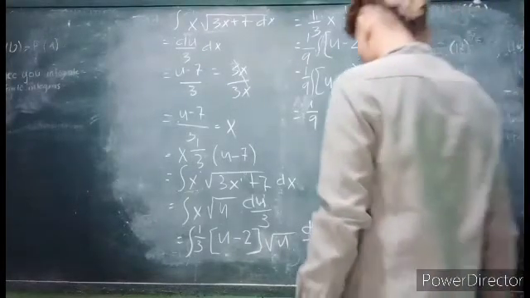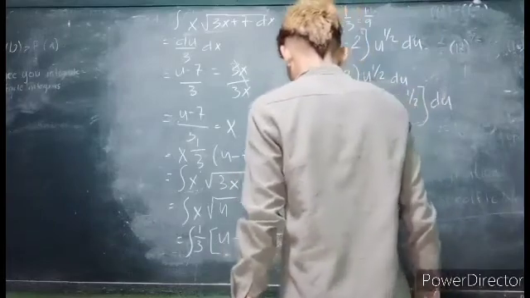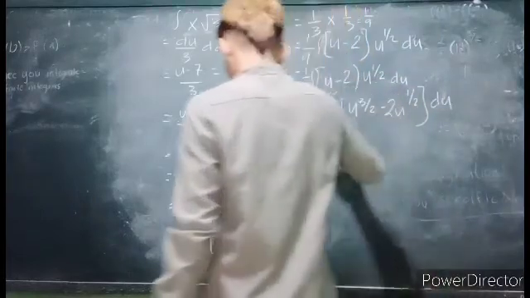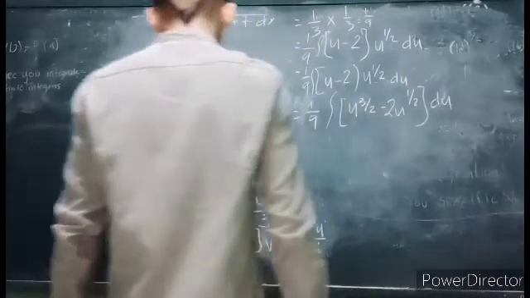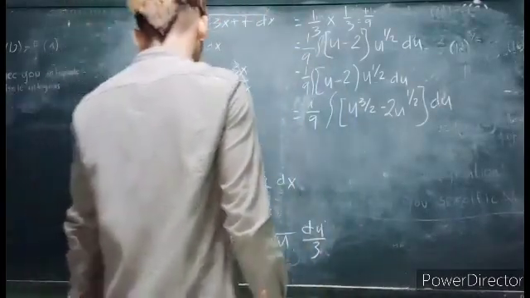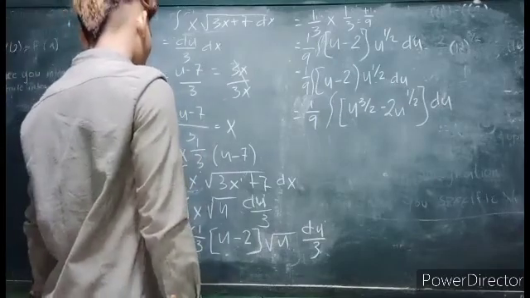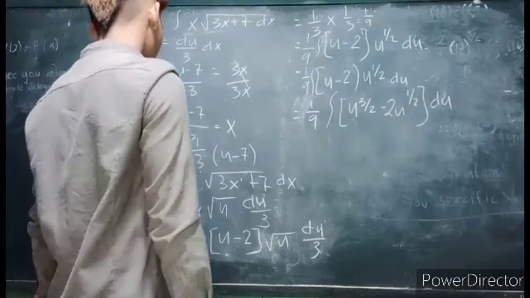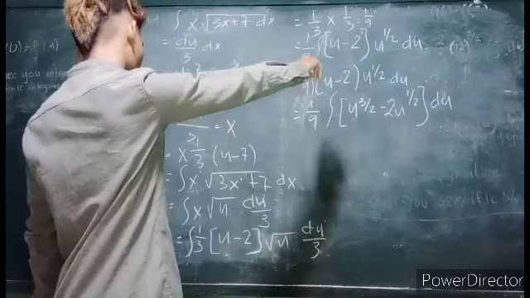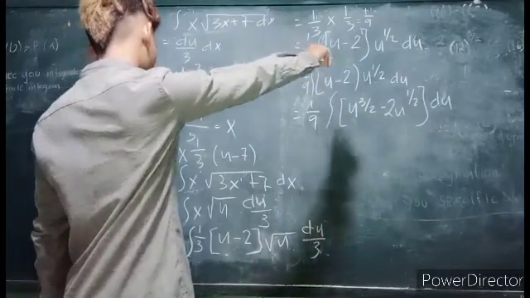So next to do is add 1 to 1/2 and multiply negative 2 by u to the 1/2. That's negative 2u to the 1/2 times du.